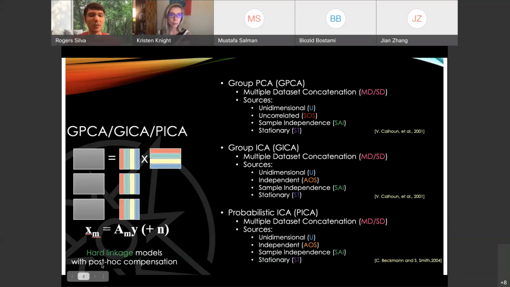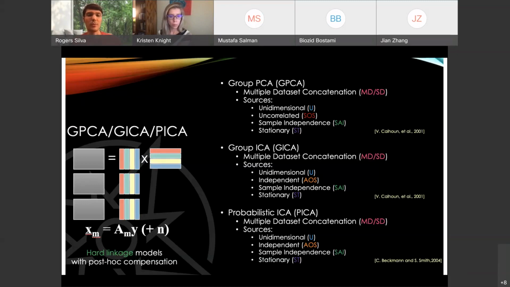Okay. Oh, and I also have a mention here that the method typically for group ICA estimates subject-specific sources after the fact. So after the method estimates group components, it goes back and uses back projection or dual regression to try and estimate subject-specific sources.